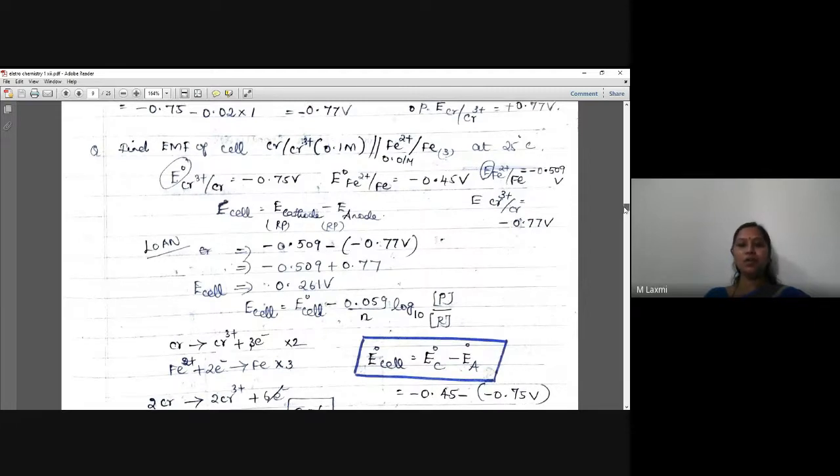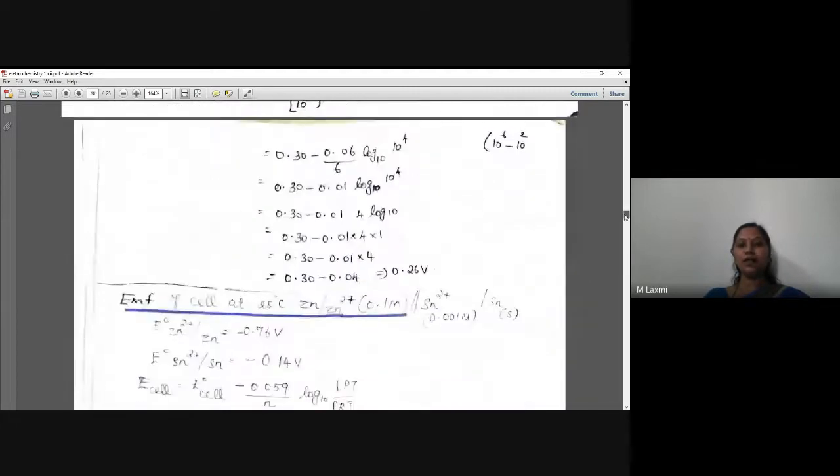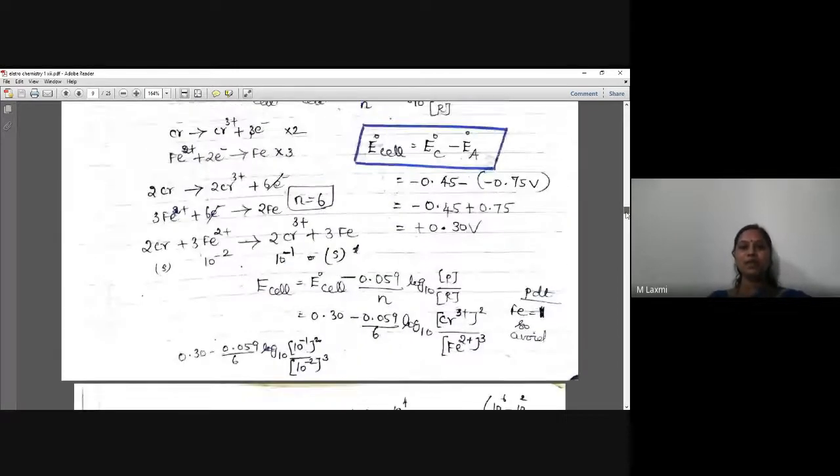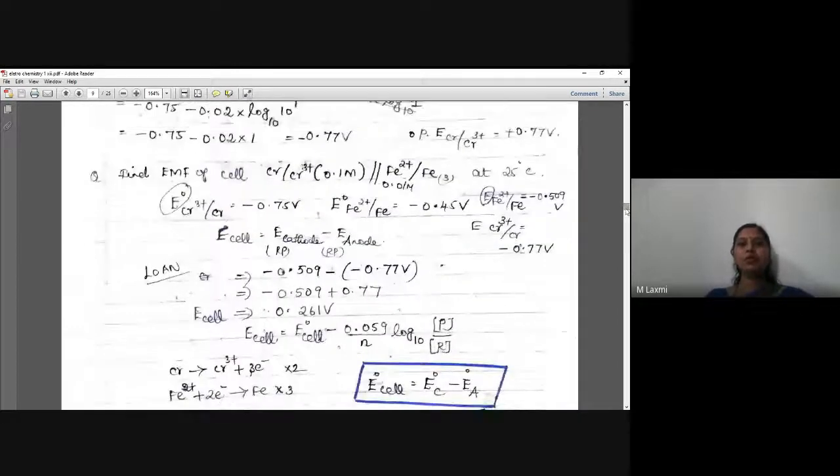Then we went a long way using the Nernst equation to find that, provided the answer was 0.26, because our intention is to find the E of cell at different concentration and different temperature. That's why we went a long way. But here, these four values should not be given. Only the E naught values will be given. You have to find out E of cell.